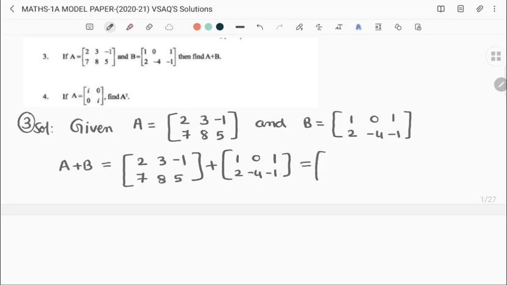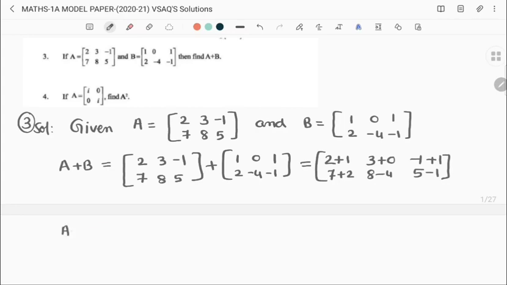Now, when the sum of two matrices is possible, the corresponding orders of both the matrices should be the same. This is 2 by 3, this is also 2 by 3. So corresponding elements I am going to add: 2 plus 1, 3 plus 0, minus 1 plus 1, 7 plus 2, 8 minus 4, 5 minus 1.